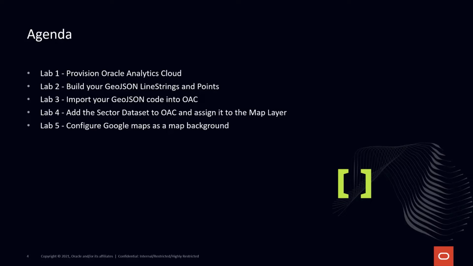While Analytics Cloud is being provisioned, we will move on to the second part, where we will use an external tool to create a line and point data set from the map. This will be required for us to import later into Oracle Analytics to create a visualized depiction of the data set.